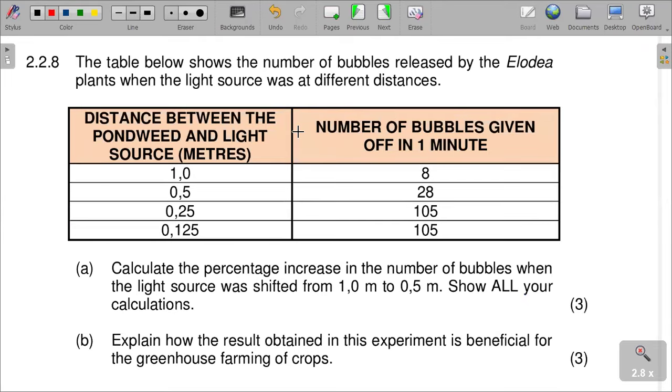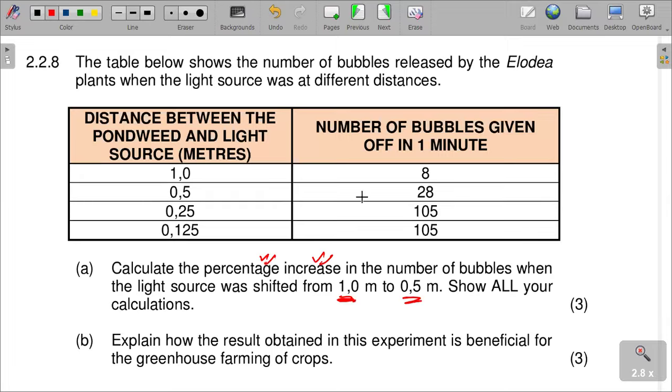Calculate the percentage increase in the number of bubbles when the light source was shifted from 1.0 to 0.5 meters. Show your working.